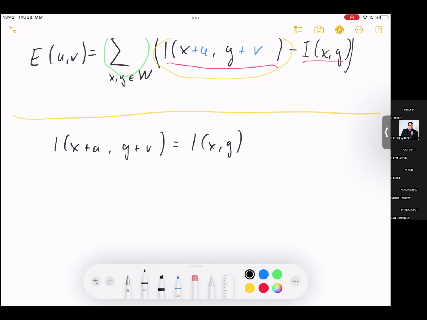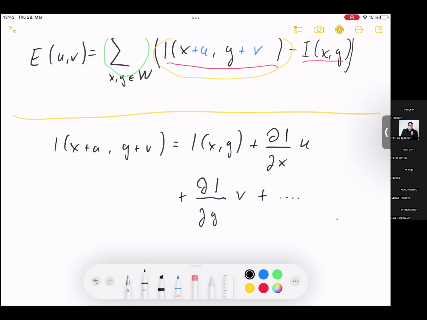And then we can see there are more parts because there are infinitely many parts. The next ones would be the partial derivative of I, the intensity function, along x, times u, plus a partial derivative of I along y times v, plus many higher order terms.